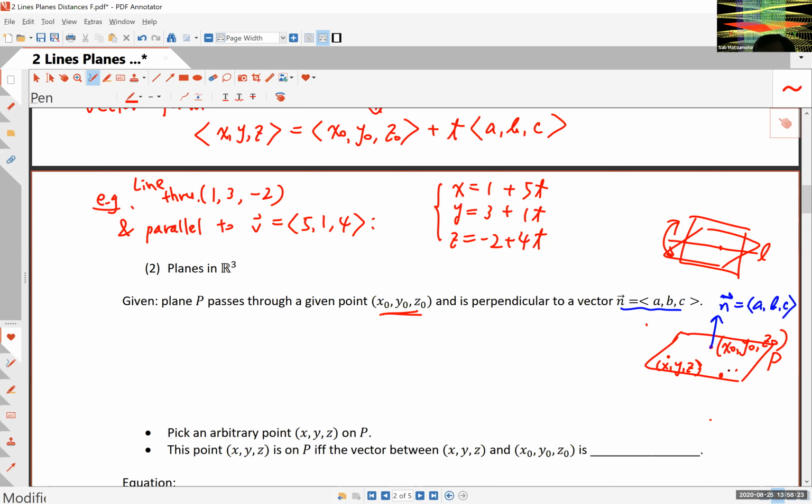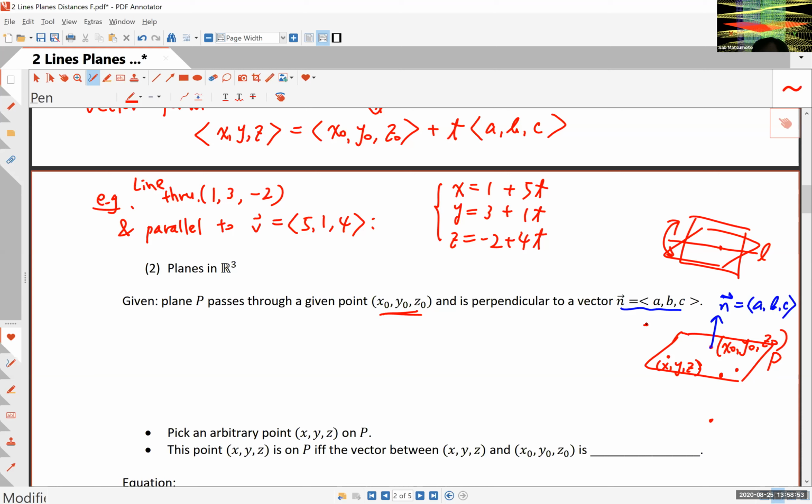Maybe this point XYZ, this point XYZ, all of these are on the plane P. What makes these points so special that they are eligible? They satisfy the eligibility requirement to be on the plane P. They belong to this fascinating club called P, the plane. These guys don't satisfy. They have no business walking into the plane because they don't belong there. Ooh, that's exclusive, isn't it?